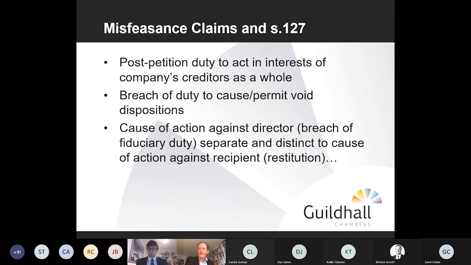So in our case, we had the section 127 claims against the various recipients. And at one stage, because the claims against the directors were fairly well advanced, we got an adjournment of the section 127 claims to allow settlement discussions to carry on against the directors, because that's related to the amount of potential damages that would be awarded.